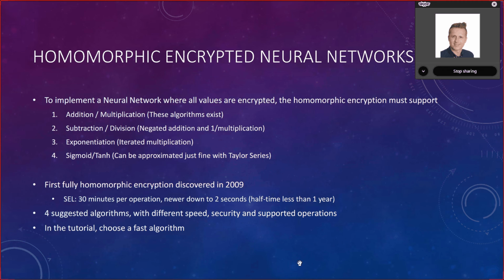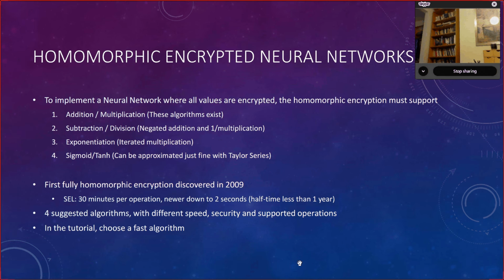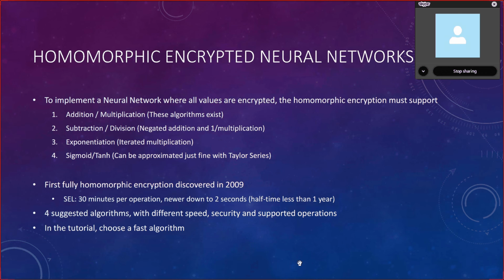So if we want to encrypt all the values of a neural network homomorphically, then we need an encryption algorithm. It's actually quite recent. In 2009, the first real homomorphic encryption algorithm was discovered.